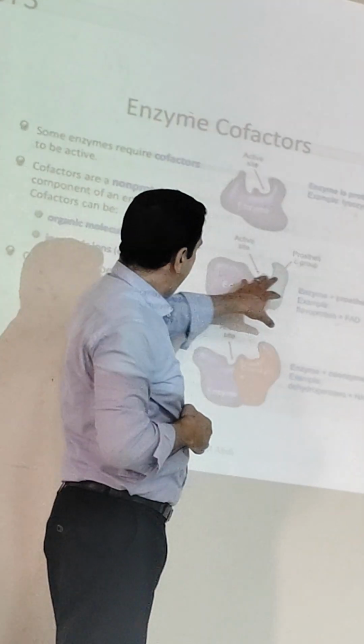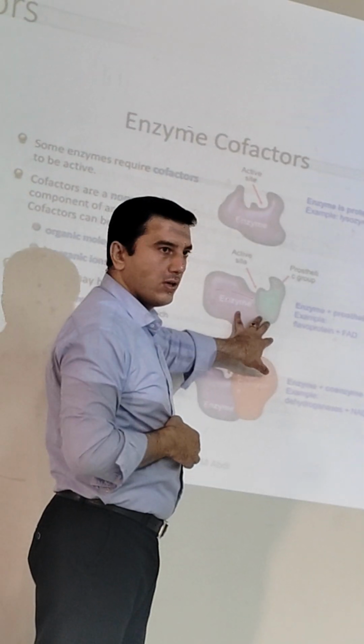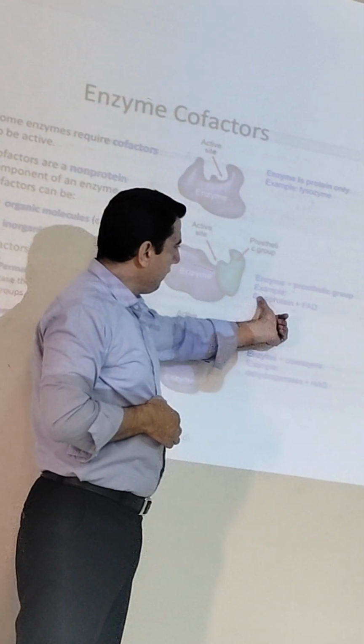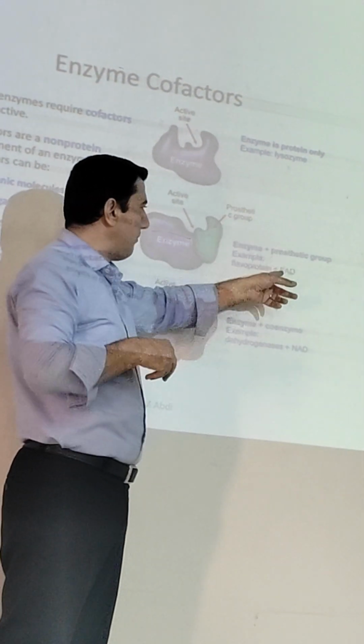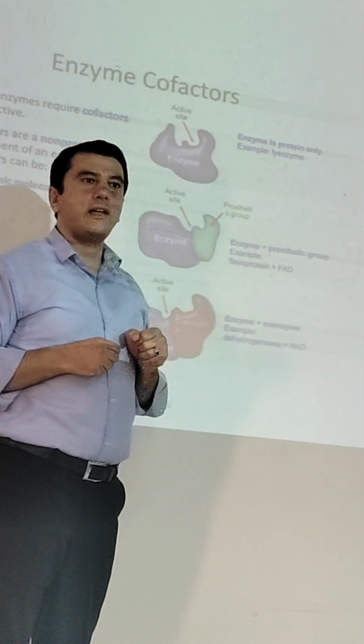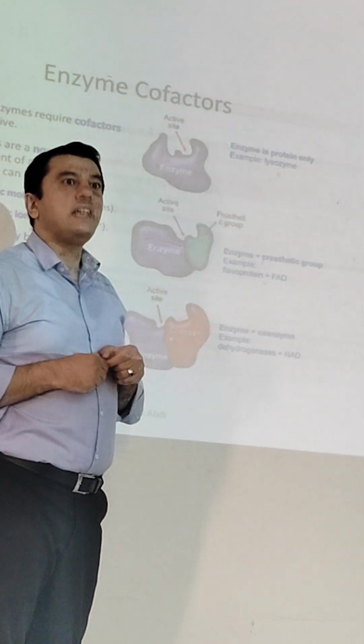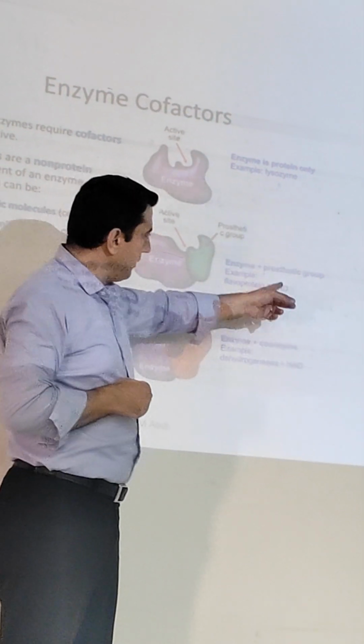For example, for prosthetic groups, we have flavoproteins, which include FAD. FAD is vitamin B2.